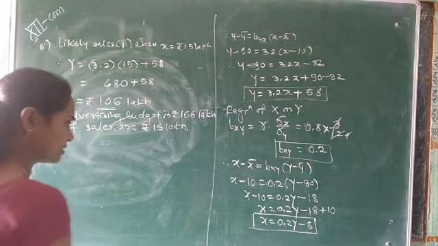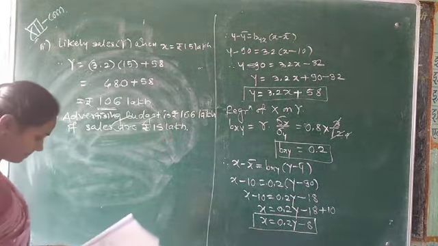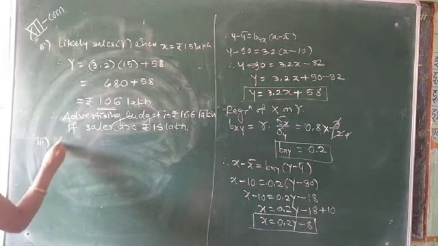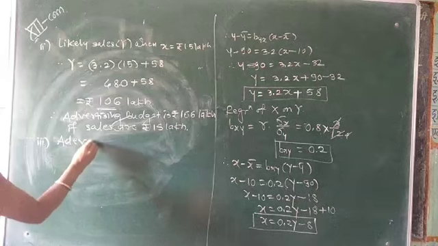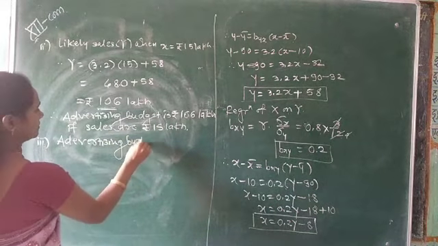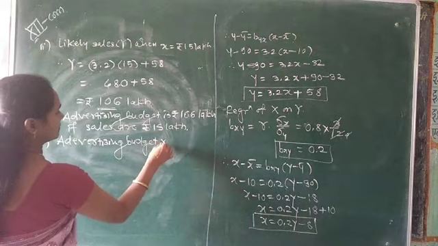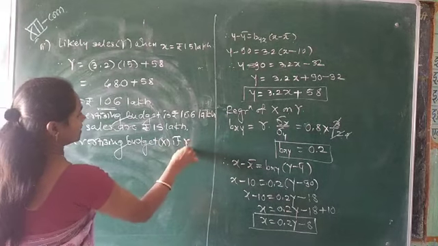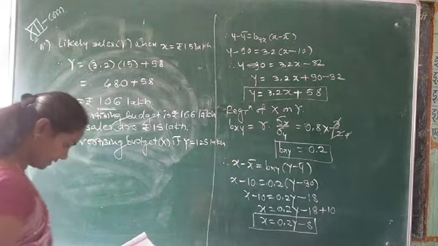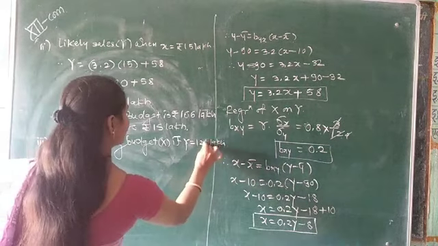That means we have to estimate x when y is 120. Third question: advertising budget x if y is equal to 120 lakh.